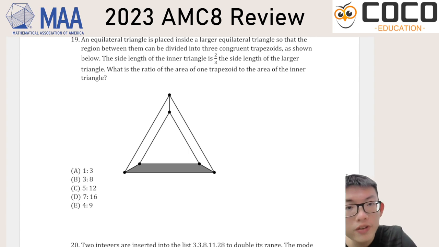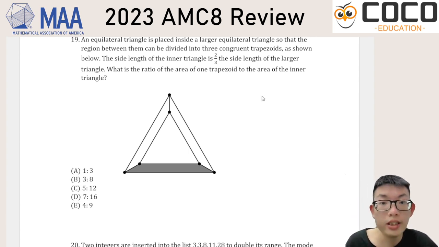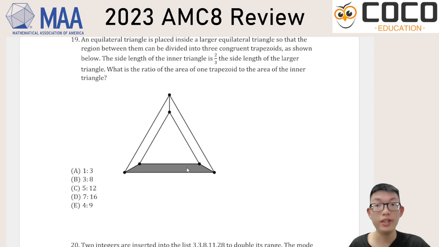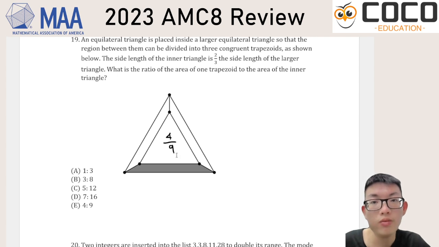Now, the ratio of the area of one trapezoid to the inner triangle. What I want to do is actually just to say that the trapezoid's area is just 1/3 of the remaining area, right? So by similar triangles, if the side length of the smaller one is 2/3 of the side length of the larger one, this would be 4/9 of the whole triangle.